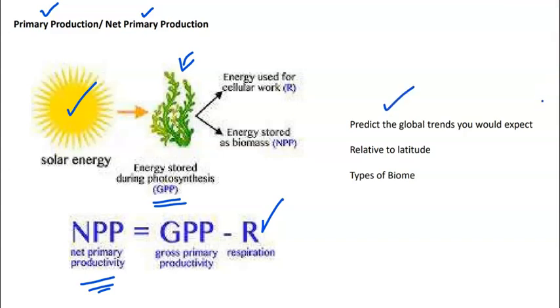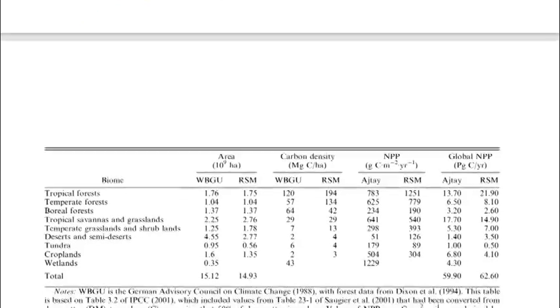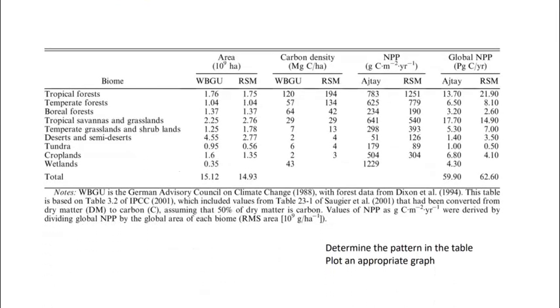Here we're going to move on and make some predictions on the global trends in net primary productivity relative to latitude and the types of biome encountered in those environments. Presenting here is a data set that I will also include in the description so that you can load this into any piece of software that can analyze graphs.